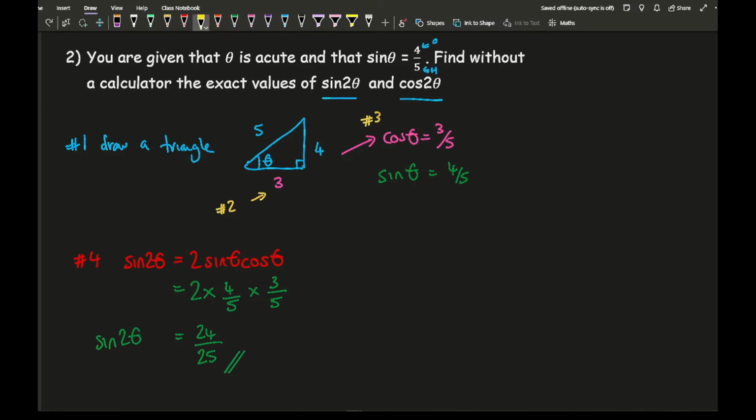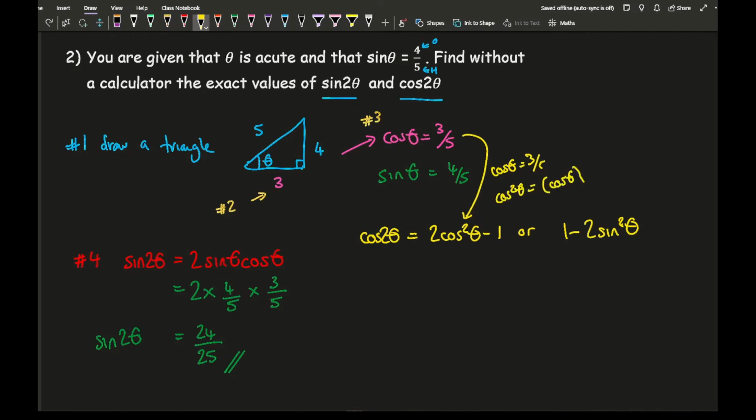Now in terms of finding out what cos 2 theta is, there's several ways in which I can work that out. So cos 2 theta is going to equal either 2 cos squared theta minus 1, or what I could do is use 1 minus 2 sine squared theta. It doesn't really matter which one you use, but remember that cos theta equals 3/5 and cos squared theta equals cos theta squared.